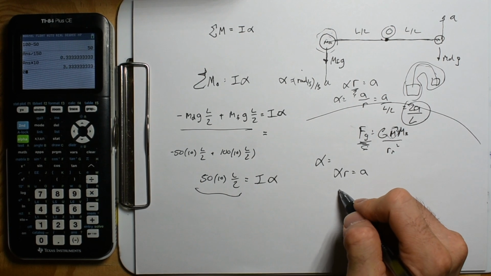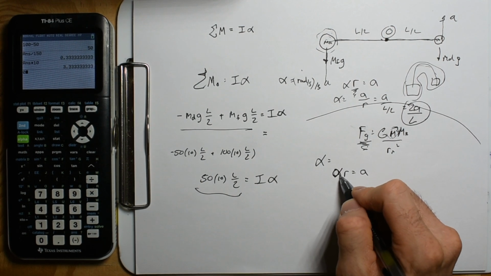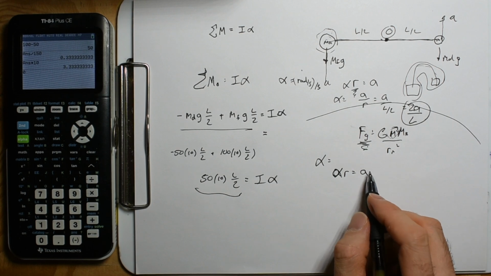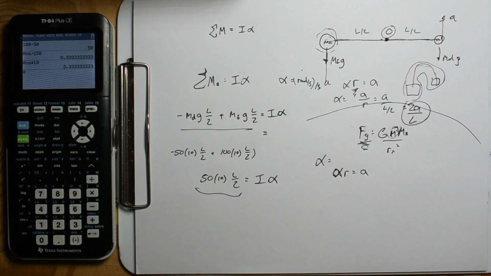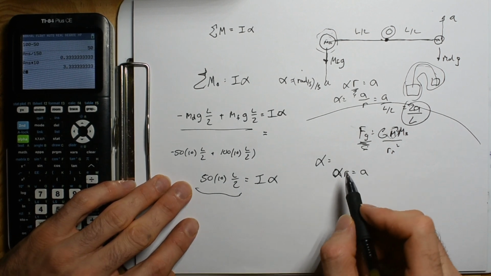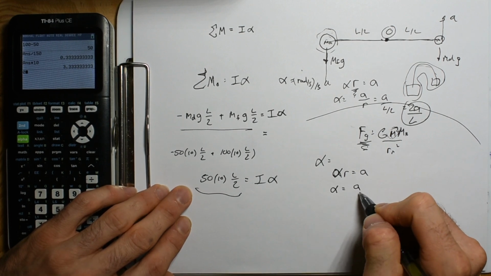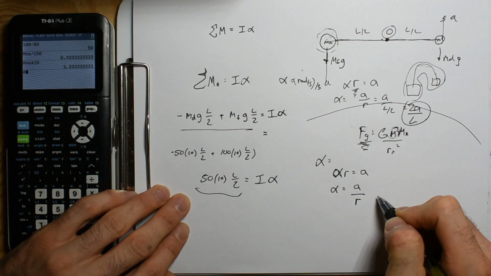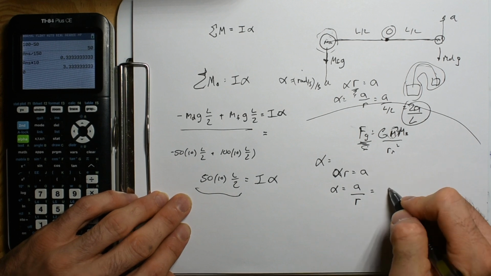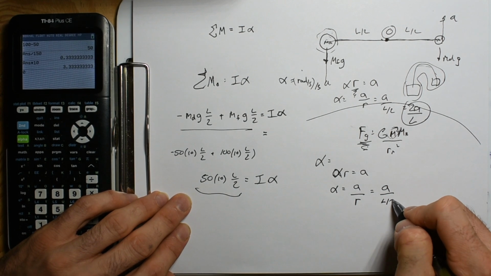So if we just wanted to find, oh shoot, yeah. This alpha term is going to be the acceleration we want, but we have to divide it by the radius. So that's acceleration divided by L divided by 2.